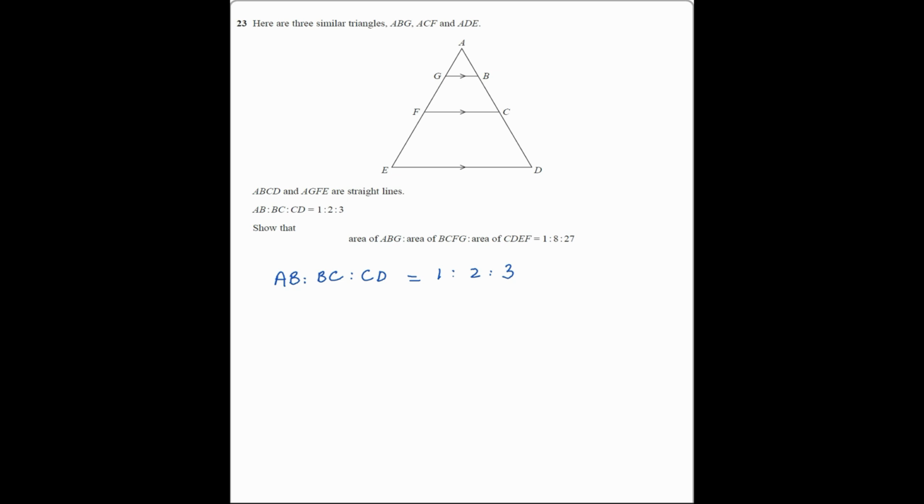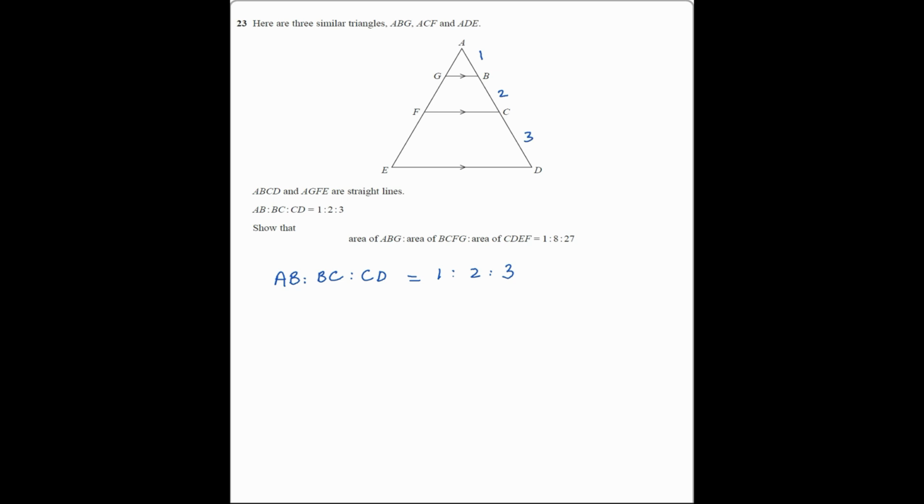We need to find the area ratio of ABG, this one, and then BCFG, this one, and then CDEF, this one. As we are given the lengths of the ratio, AB is 1, BC is 2 and CD is 3.